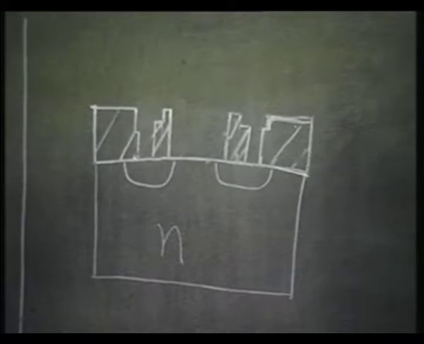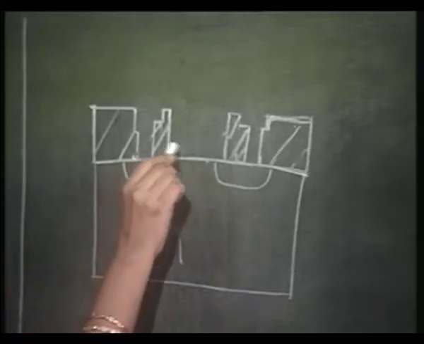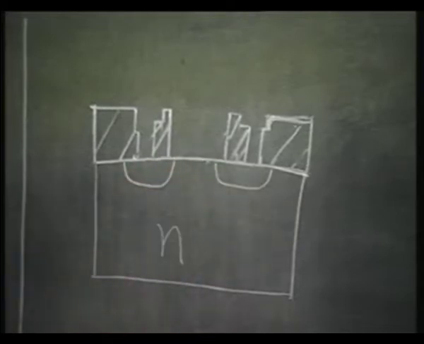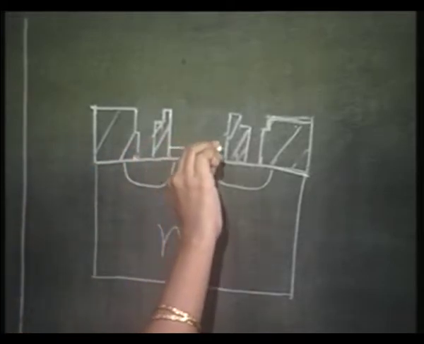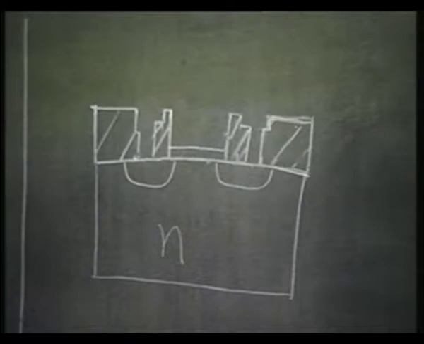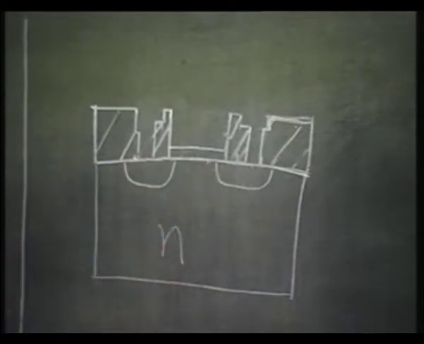Okay. And notice one more thing, the gate region must connect between the source and the drain. When the gate oxidation is done, the gate oxide must extend all the way from the source region to the drain region.